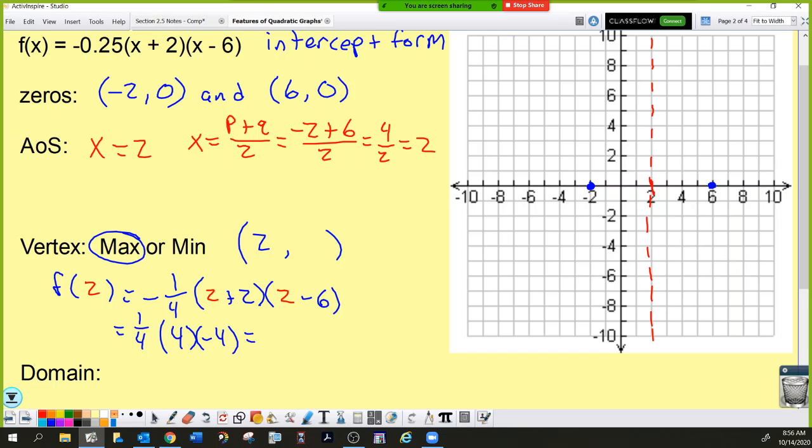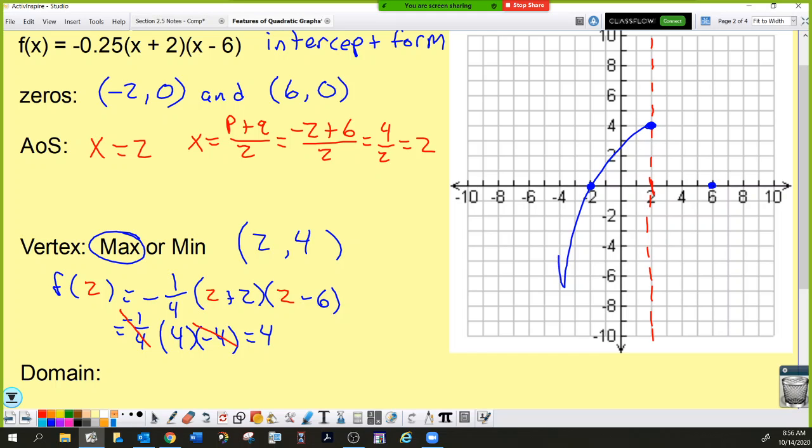Oh, I forgot my negative sign in front of my 1/4. The two negative signs would cancel out. And 1/4 of 4 equals 1. So the negative 1/4 and the negative 4 will cancel out, leaving you with the 4. So that vertex happens at 2, 4. Our maximum value is 4.